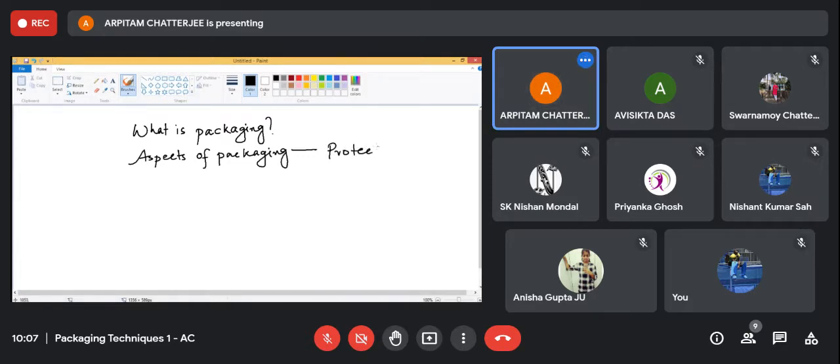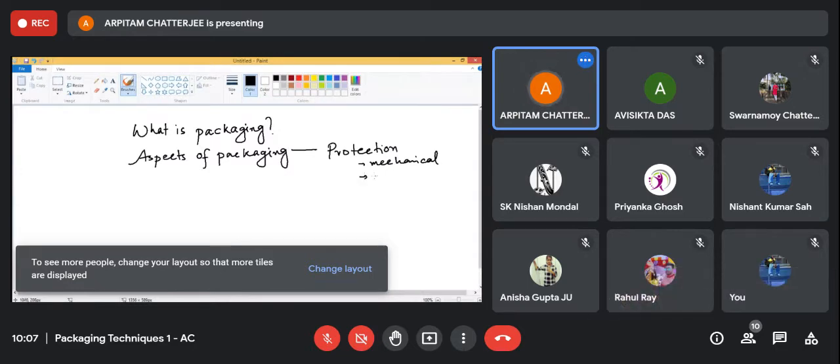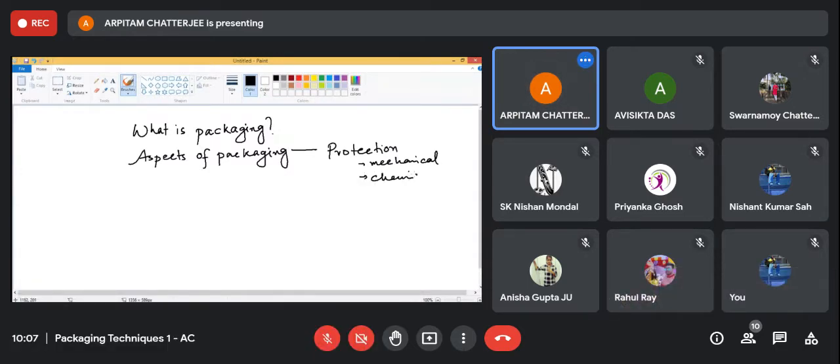So we have seen the major aspects of packaging are protection, and we had different kinds of it. We had some mechanical influences, some chemical influences, some environmental influences, and maybe some more. Then we had convenience.